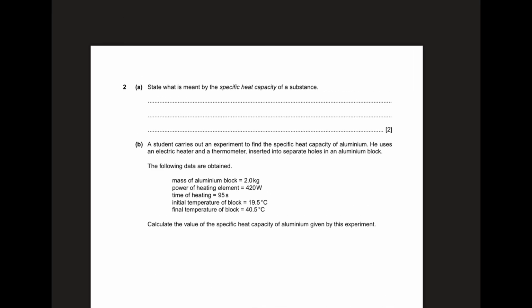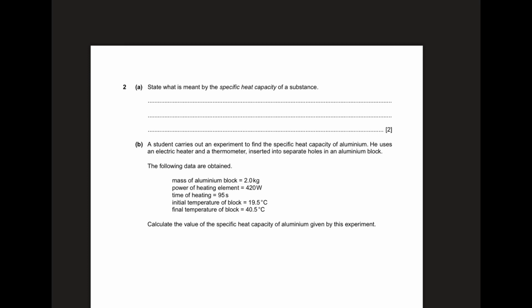State what is meant by the specific heat capacity of a substance. So this one you have to memorize. Okay, so here we take it as discussion straight away.